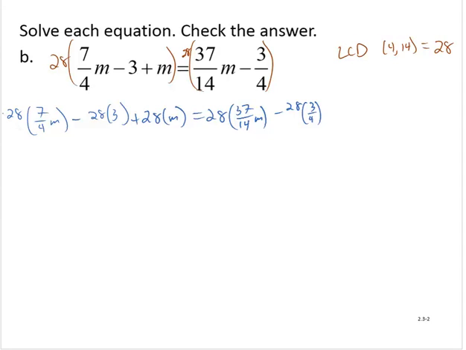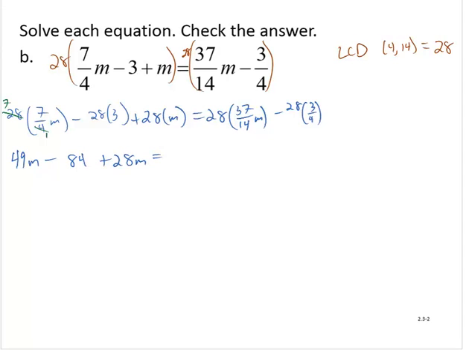Reducing between the 28 and the 4 leaves a 7 and a 1. So I have 7 times 7, I have 49m, minus 28 times 3 is 84, plus 28m.